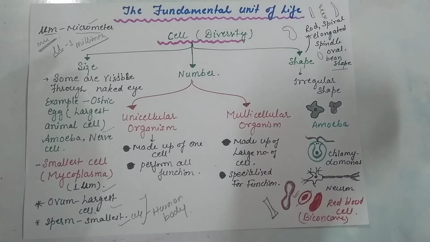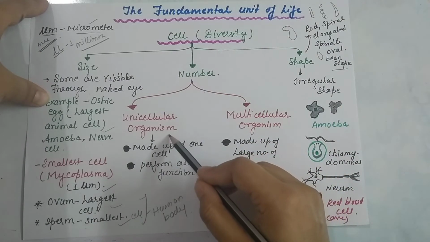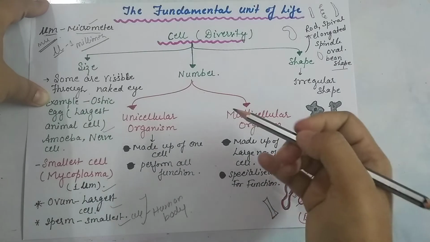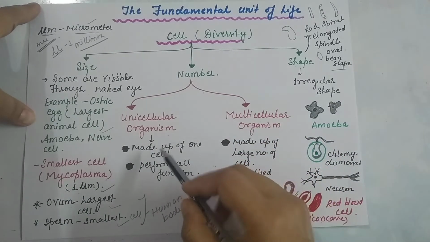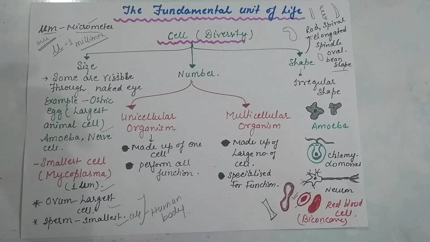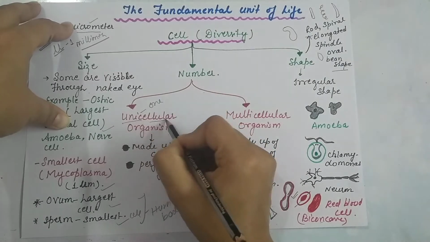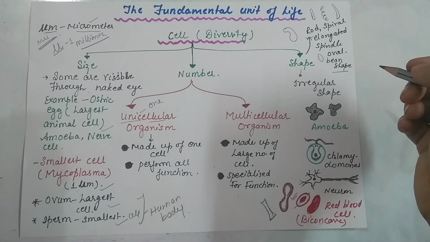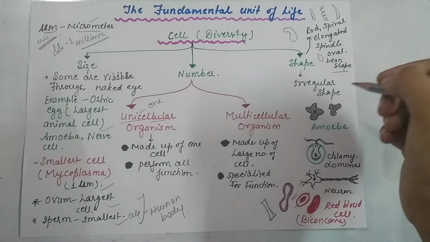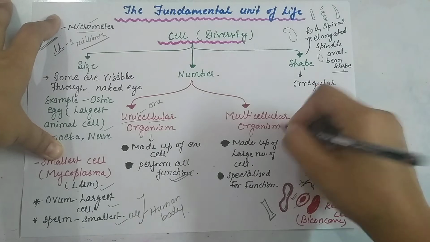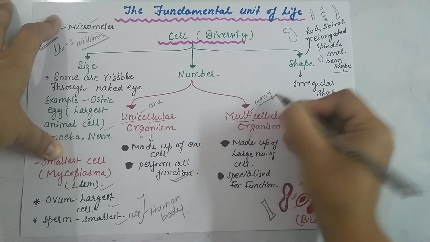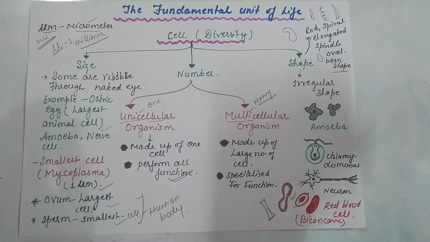So these are the different diversifications of the cell. The last one is numbers: unicellular organisms and multicellular organisms. Unicellular means uni, one, and cellular, cell, so it is made up of only one cell, and this one cell is sufficient to perform all types of functions. Multicellular means multi, many, so it is made up of a large number of cells, and the cells are specialized for specific functions.